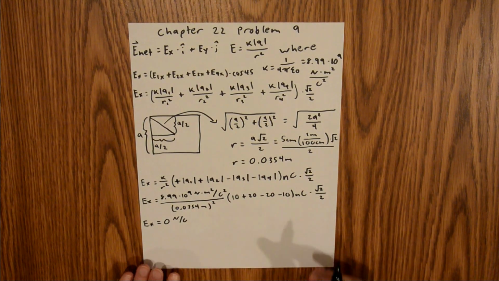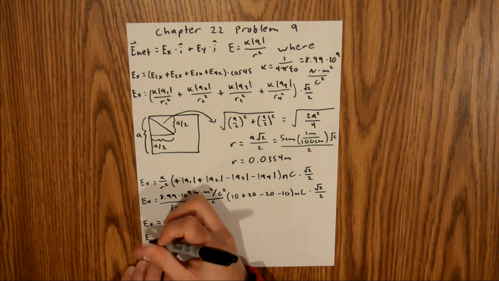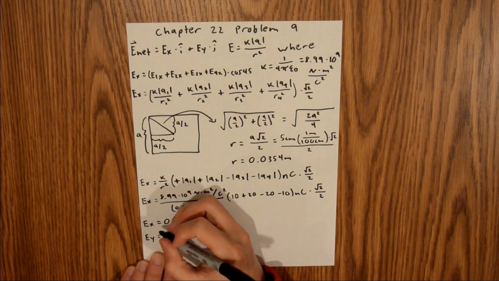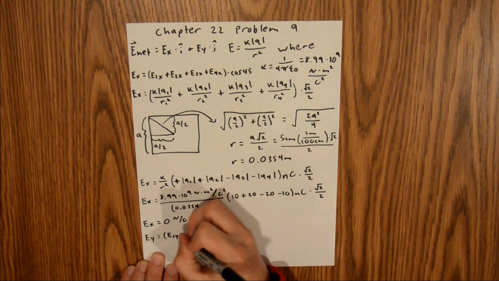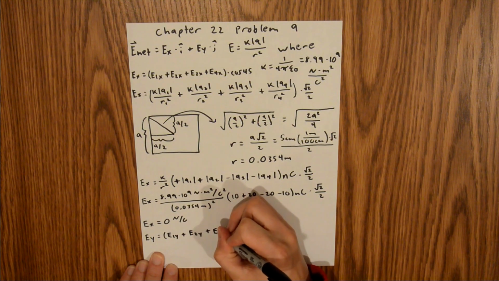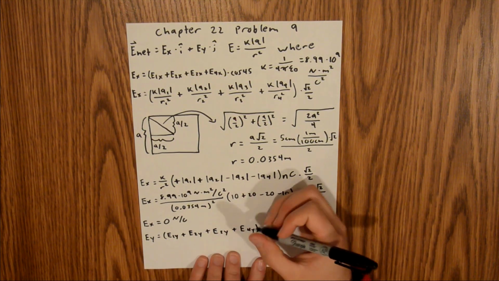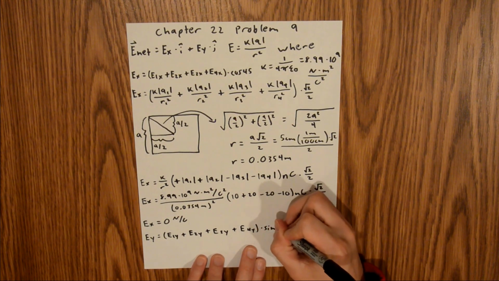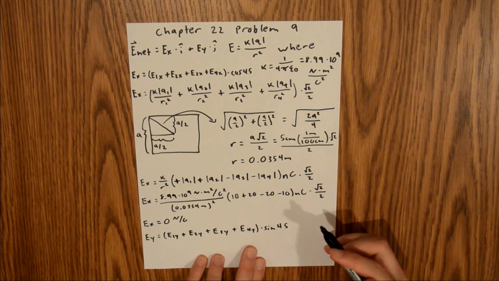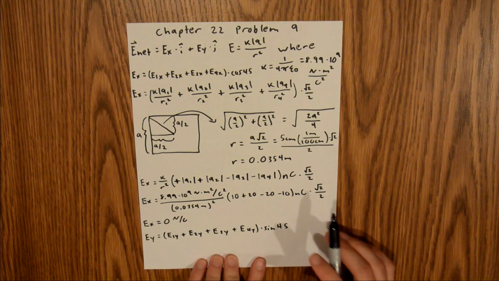And now we're going to do something very similar in the y direction, and so E of y is equal to E1y plus E2y plus E3y plus E4y, and this time that's going to be times the sine of 45 because we are talking about the y direction, and so in order to get us in the y direction we have to multiply the sine of that angle.